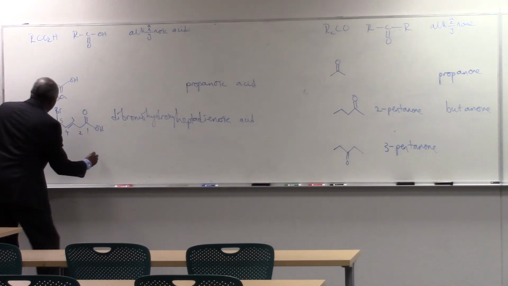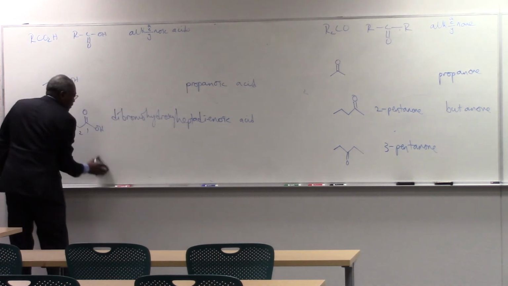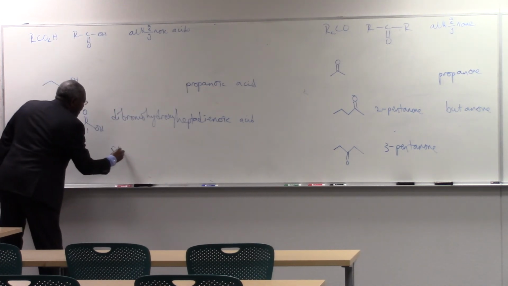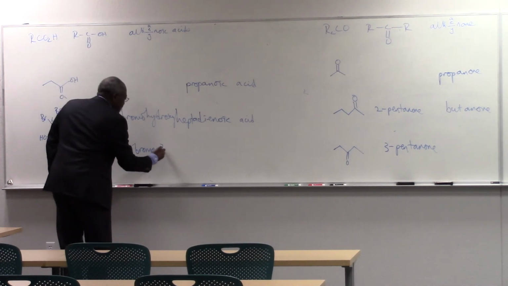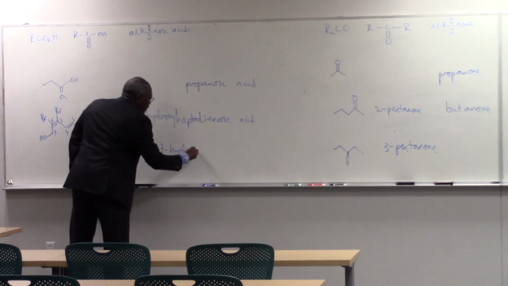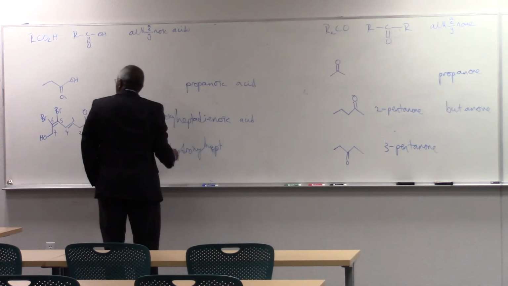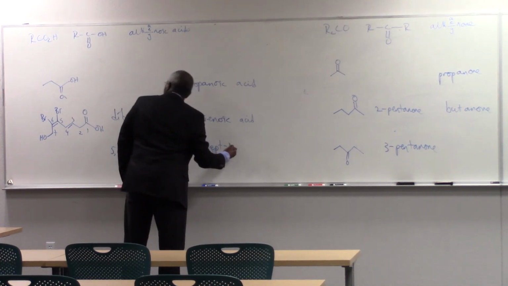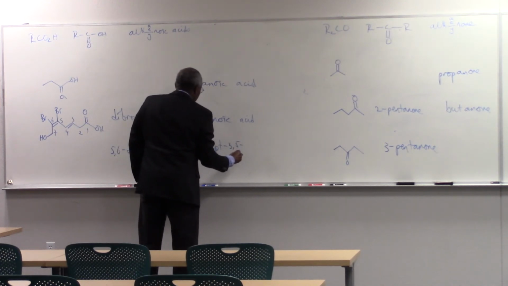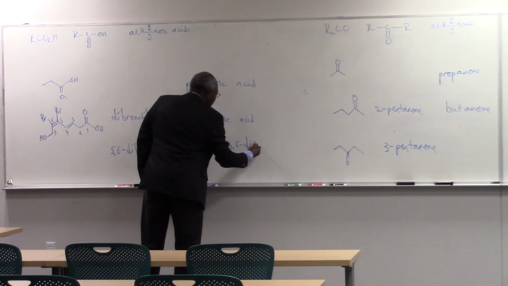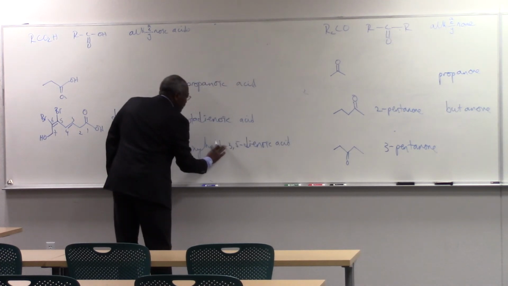So we are 5, 6 dibromo, 7 hydroxy, hepta-3,5-dienoic acid.